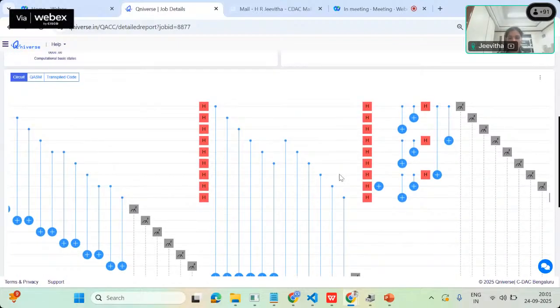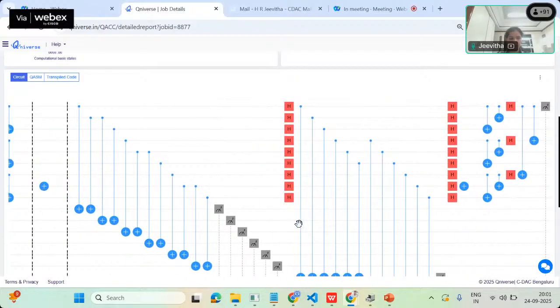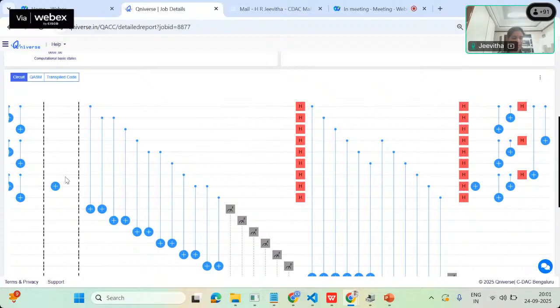Next, I have applied an X error in the 8th qubit. As I've explained, there is a block of 3: this is one block, this is one block, and this is one block. In the third block, I've introduced an error in the second bit.